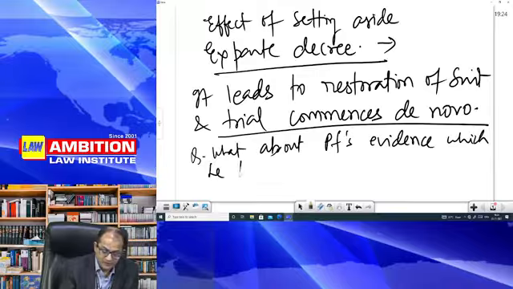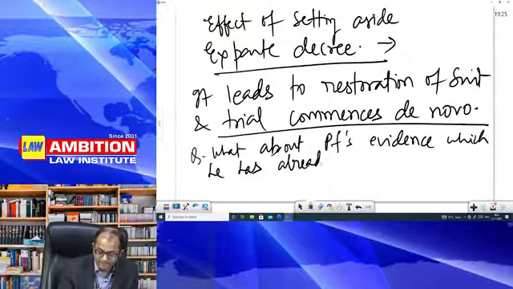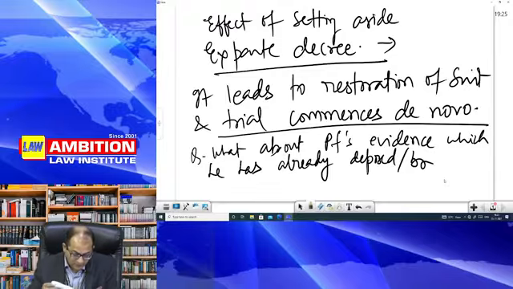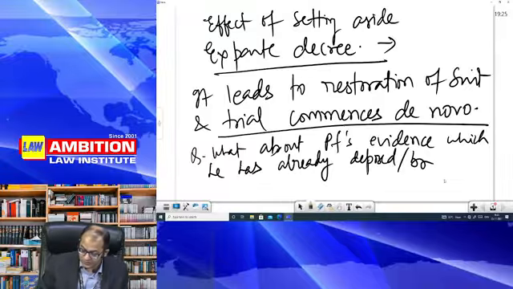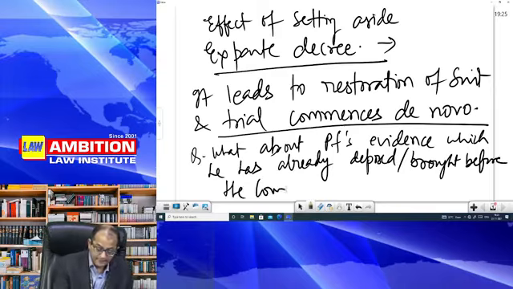What about plaintiff's evidence which he has already deposed or brought before the court?